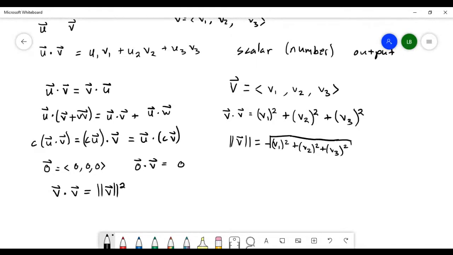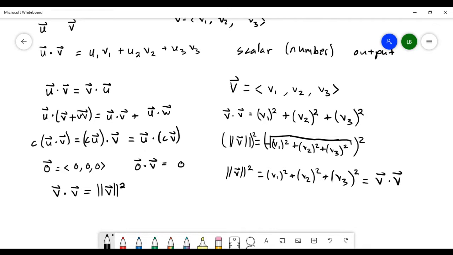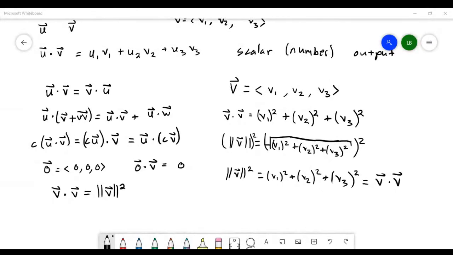So if we square both sides of this, then the large square root cancels, and we're left with the magnitude of v squared equals v1 squared plus v2 squared plus v3 squared, which is v dotted with itself. Make sense? Yep, no problem.